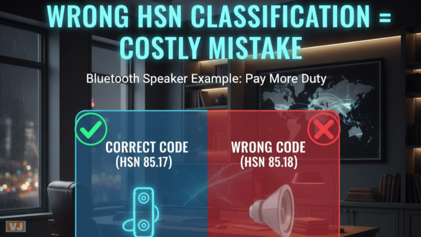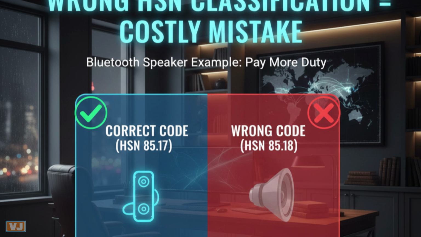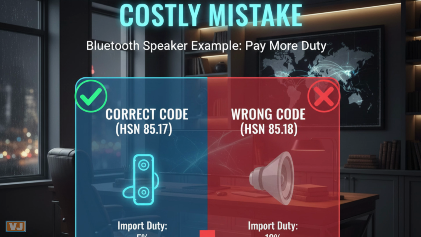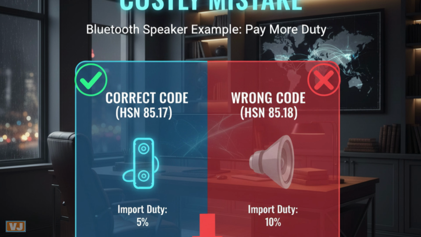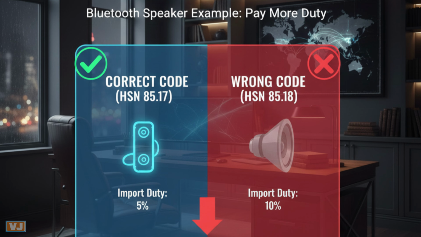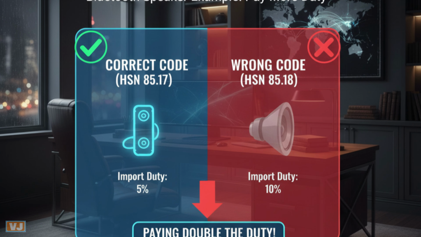Now, you have realized and must have seen that classification at the international level is complex, requires legal reading of the notes and the supporting documents in each chapter, and demands diligence. Getting, for example, the Bluetooth speaker wrong could mean a 10% duty rate instead of 5% in the importing country, and massive fines for misdeclaration or red flags.